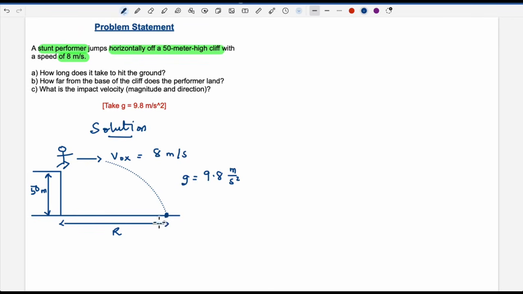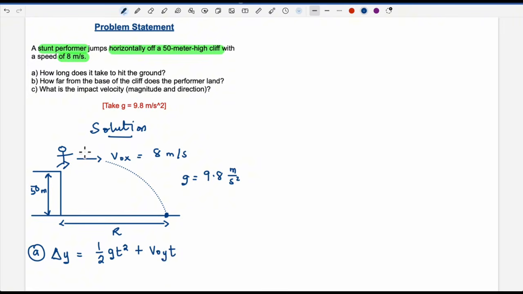The fall time, t, can be found using one of the kinematic equations of motion of an object under acceleration. In this case, we have delta y equals 1/2 g t squared plus v0y t, v0y meaning the initial vertical speed of this stunt performer.